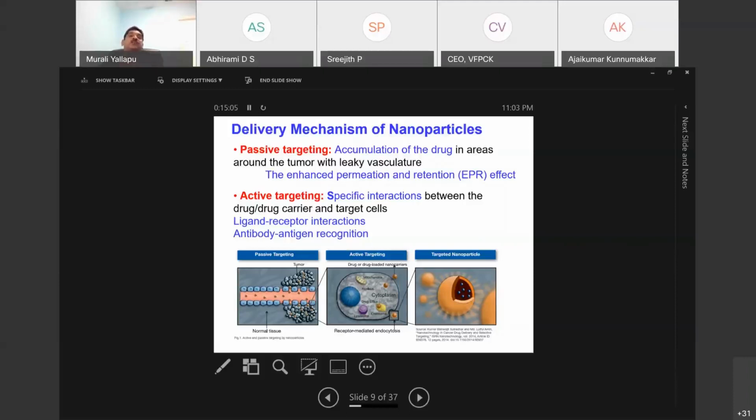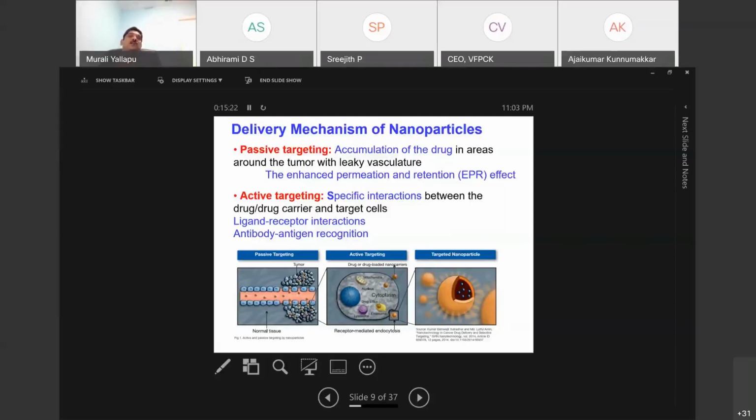Therefore, you may have low therapeutic concentration at the tumor site. On the other hand, nanotechnologies have a favorable delivery option using an active targeted moiety.